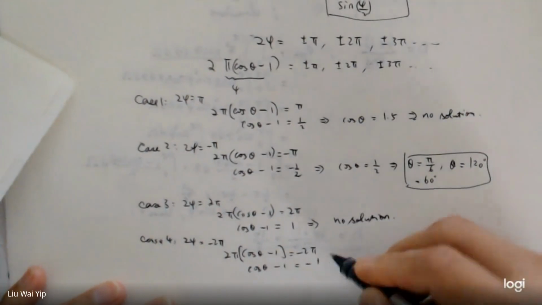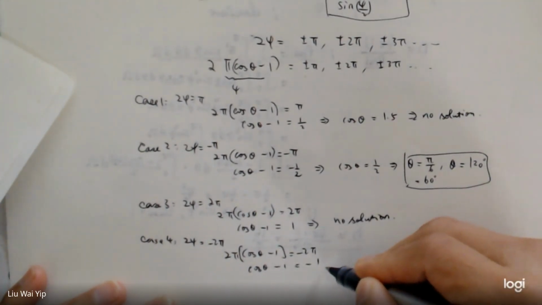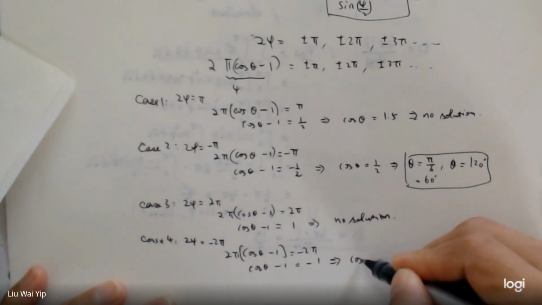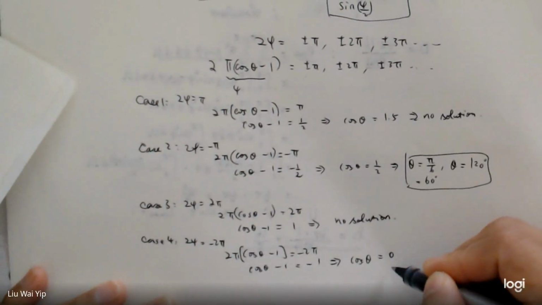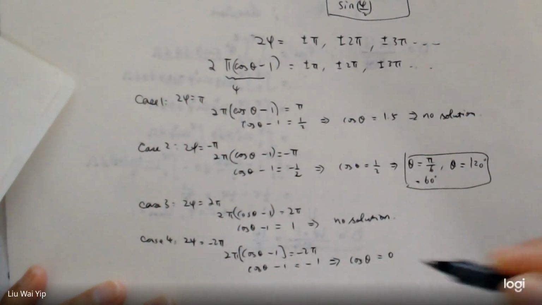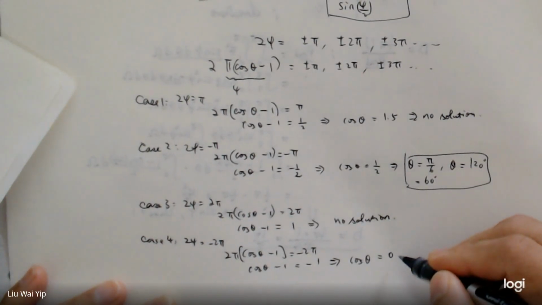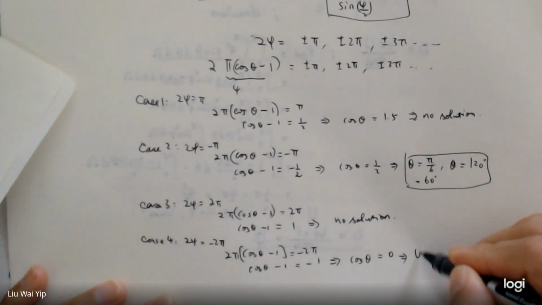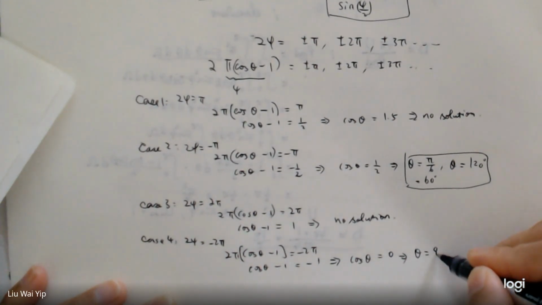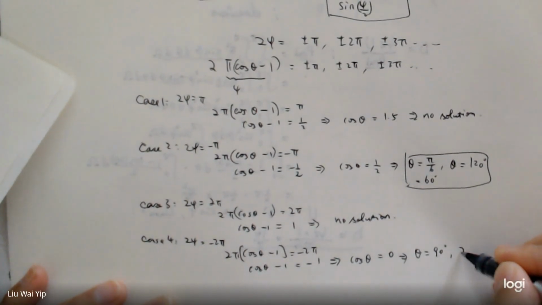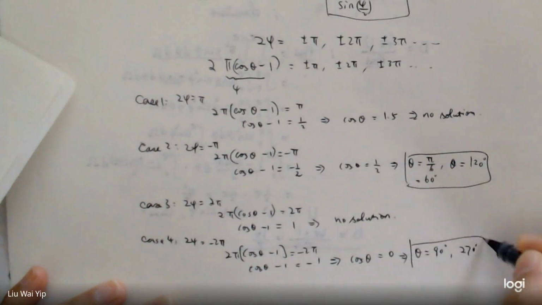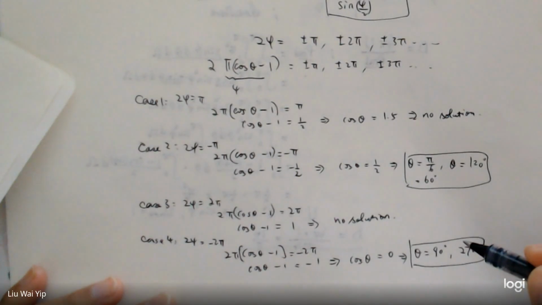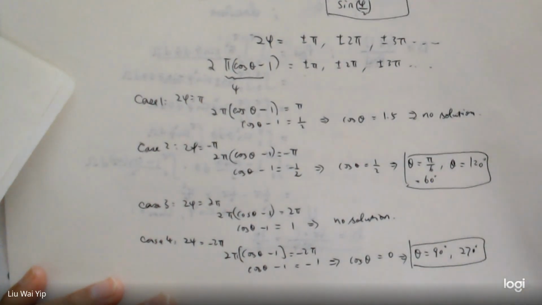So obviously, we have a solution. In this case, this means cosine theta is equal to 0. Under this condition, in this case, this is very obvious. Theta is equal to 90 degrees or 270 degrees.